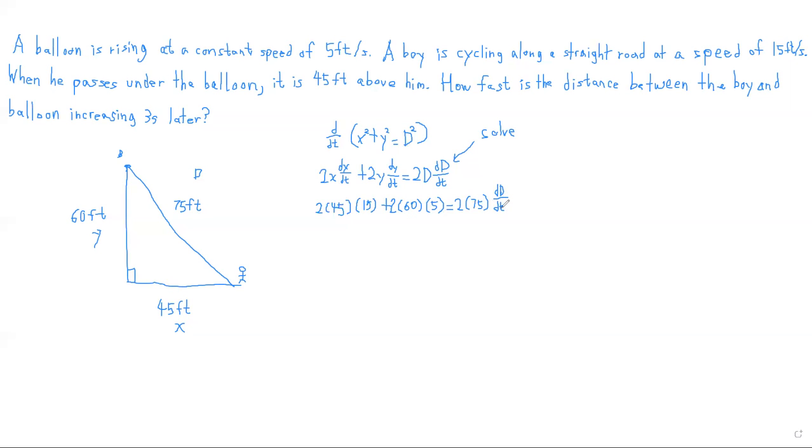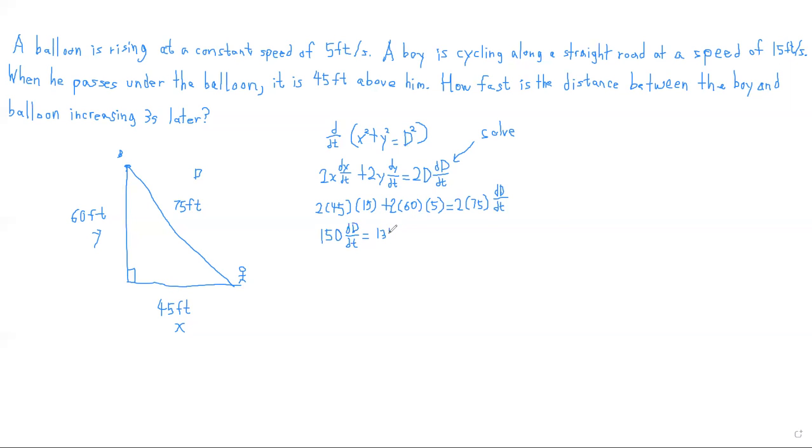Okay, so 150. I'm just solving a 7th grade equation right now. 2 times 45, that's 90. 90 times 15 is 1,350.